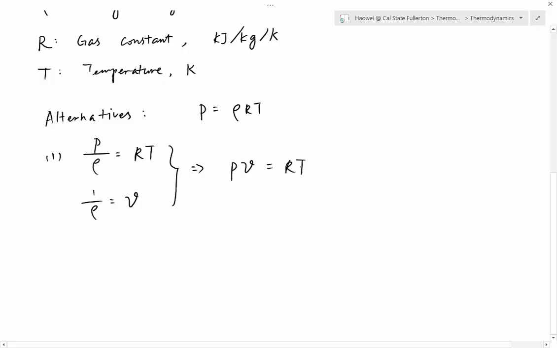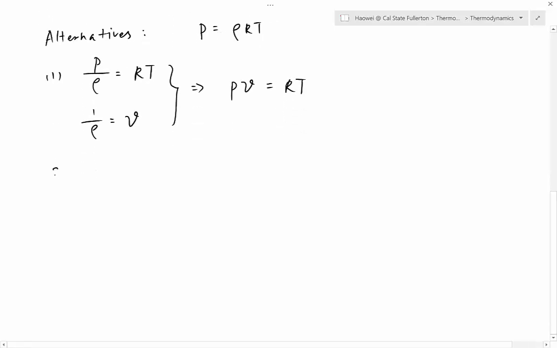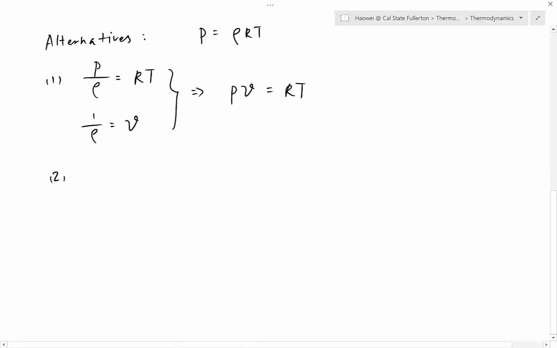So that's the first alternative. Pressure times specific volume equal to RT. Second alternative is to multiply both the left-hand side and right-hand side with volume.